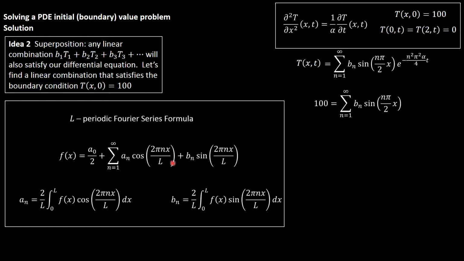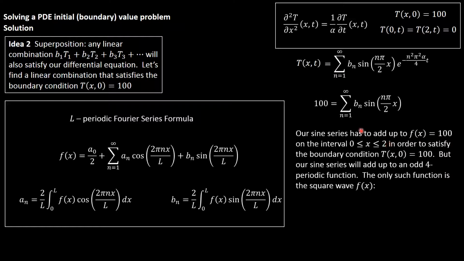So L is 4 in what we have here. So here we have a sine series. We want it to add up to 100 for all x between 0 and 2, because that's the temperature of the bar. In order for our initial condition to be satisfied, this has to be true.